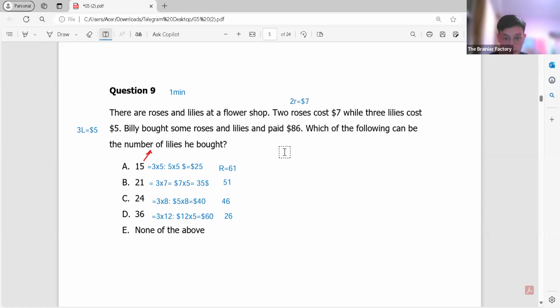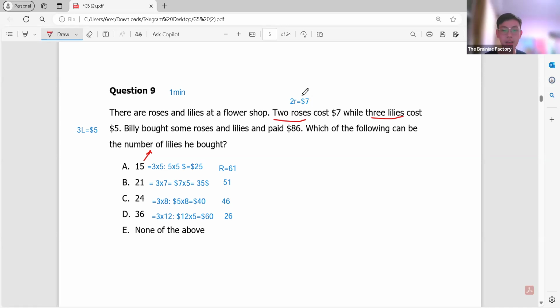So we are considering that 2 roses cost $7, so the price of the roses here must be divisible by 7. Why? Let me explain. Because here, 3 lilies, 3 is an odd number, and 2 roses is an even number.